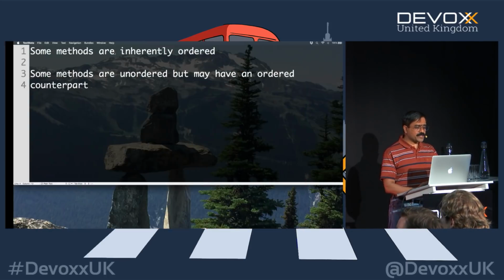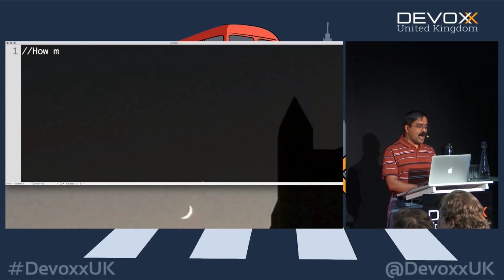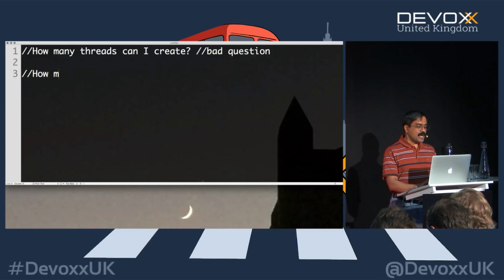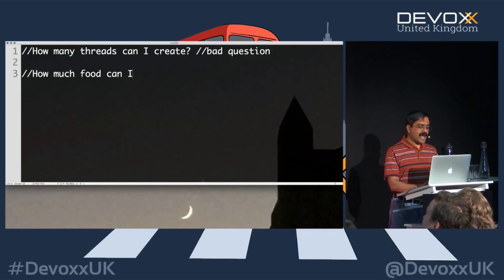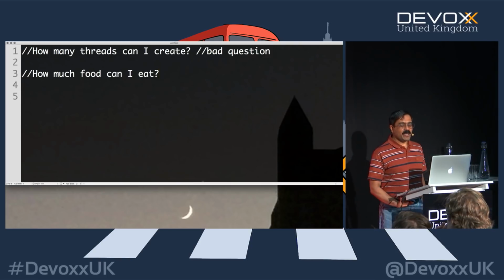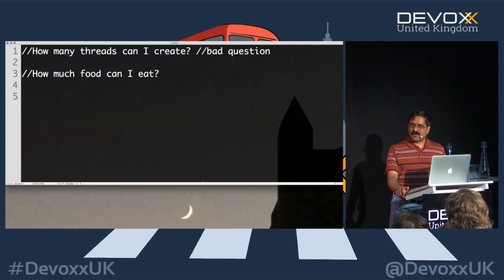To understand this, I'm going to pose two questions here. The question here is, how many threads can I create? This is a bad question. The equivalent of this question is, how much food can I eat? This is not a good question to ask. We know this, because I can eat as much food as I can hold, but that's not really healthy.